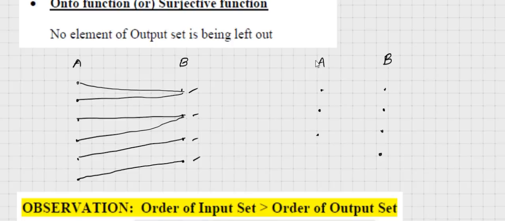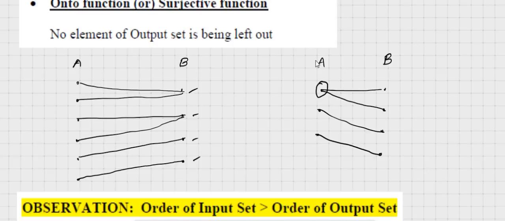See, if you are marking like this and you are saying no element of B is left out, so this is onto function, what my reply is, it is basically not at all a function. Why?